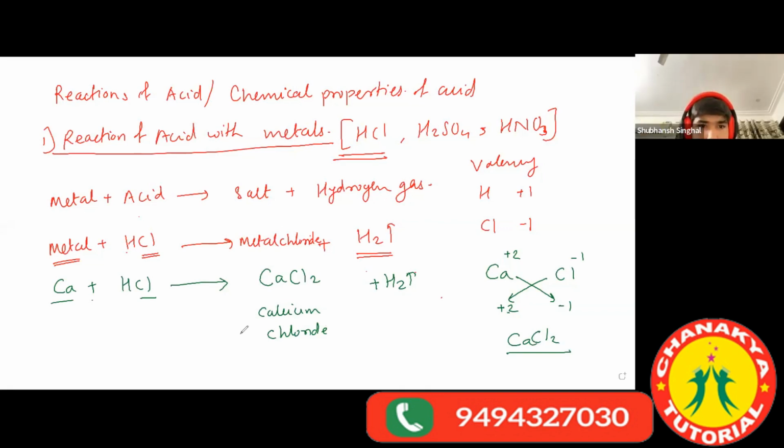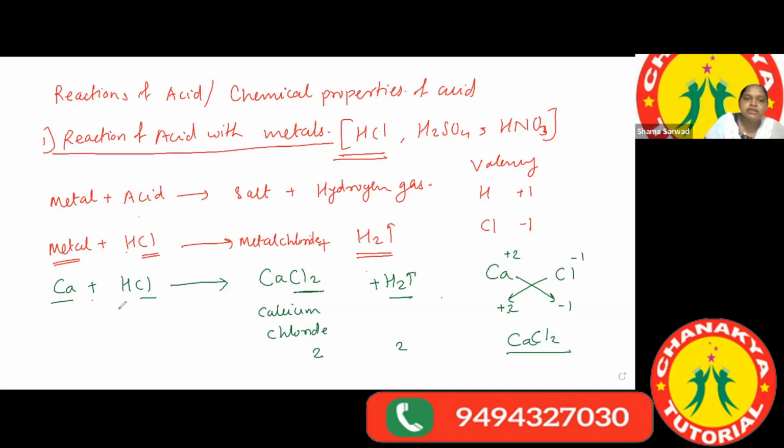No, ma'am. What am I supposed to do now? Yes, put 2 in front of HCl. You can check here. How many chlorines are present here? 2 in front of HCl. How many hydrogens? 2. This side it is only 1 and 1. To make it 2, I am supposed to multiply this entire HCl molecule by 2.